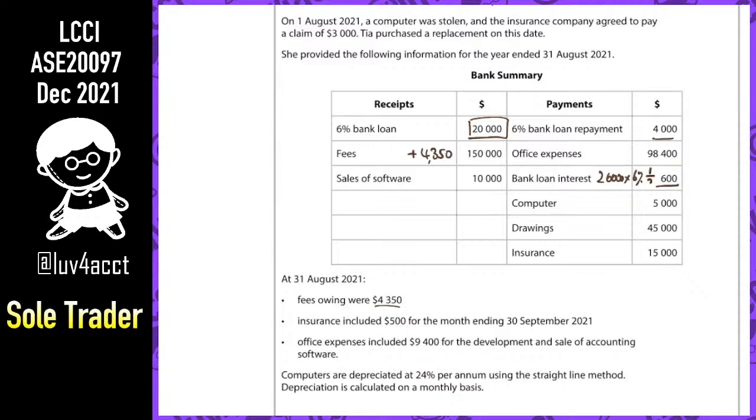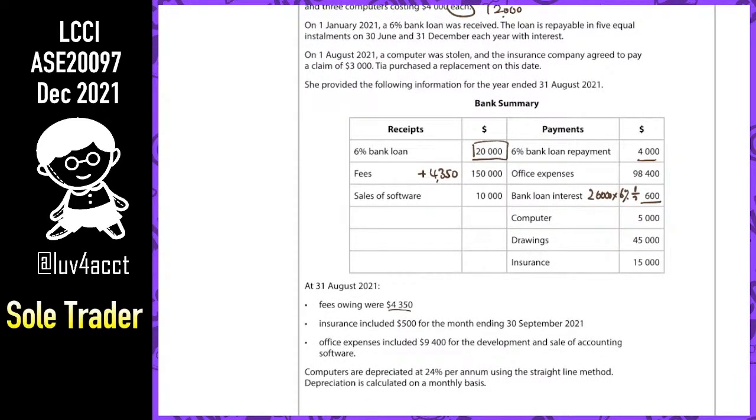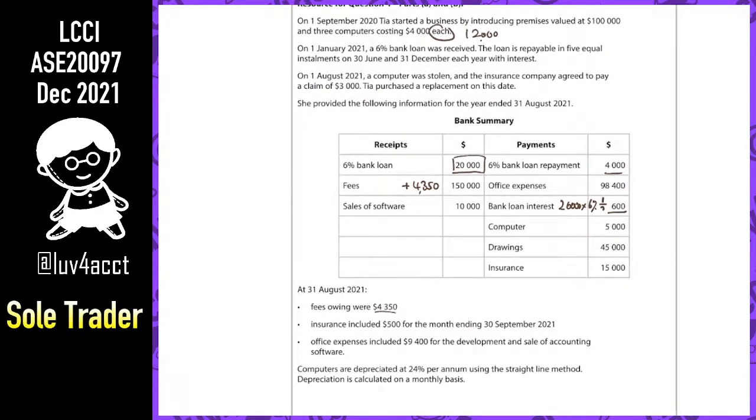Insurance included 500 for the month ending 30th September year 2021. So our year end is 31st August, and we have prepayment.